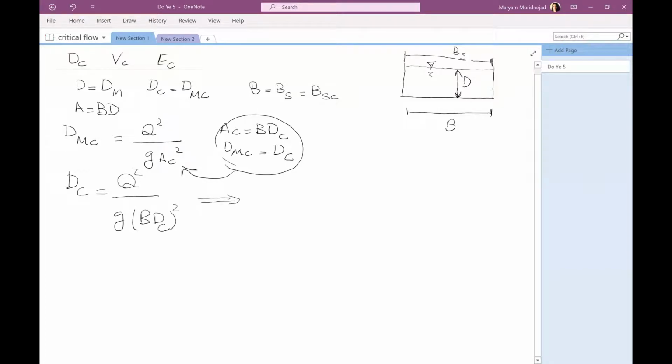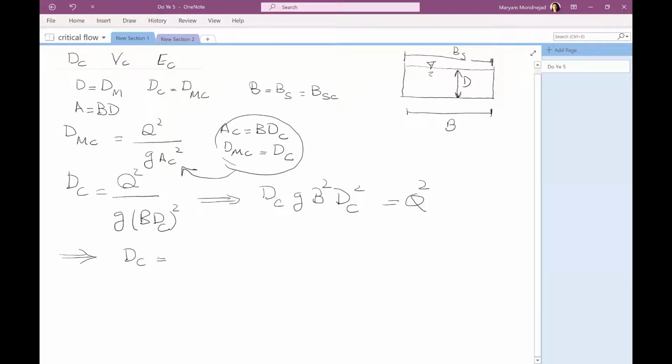From here, we have DC G B squared DC squared equal to Q squared. Now we have one DC here and one DC squared here, so we will have DC cubed. Now we want to find the critical depth, or DC.